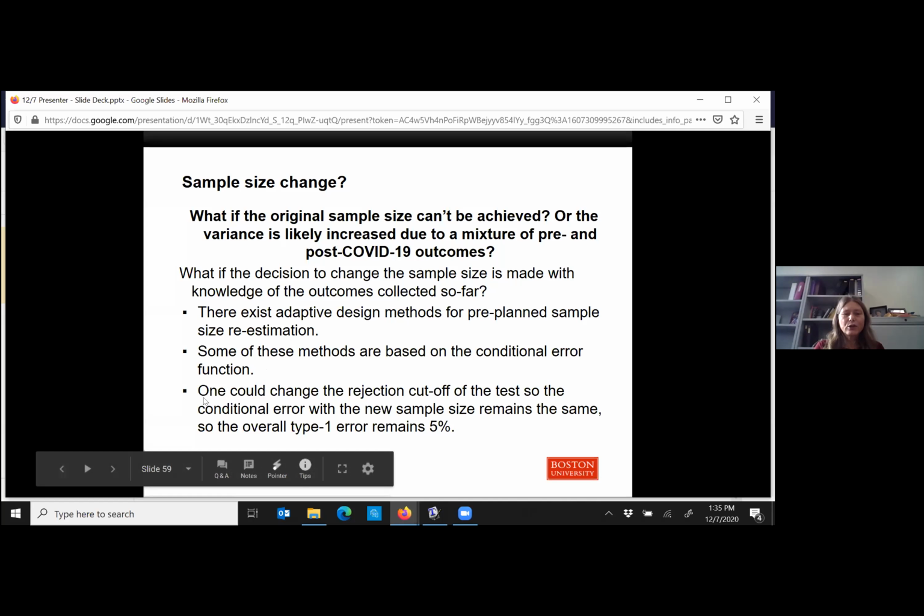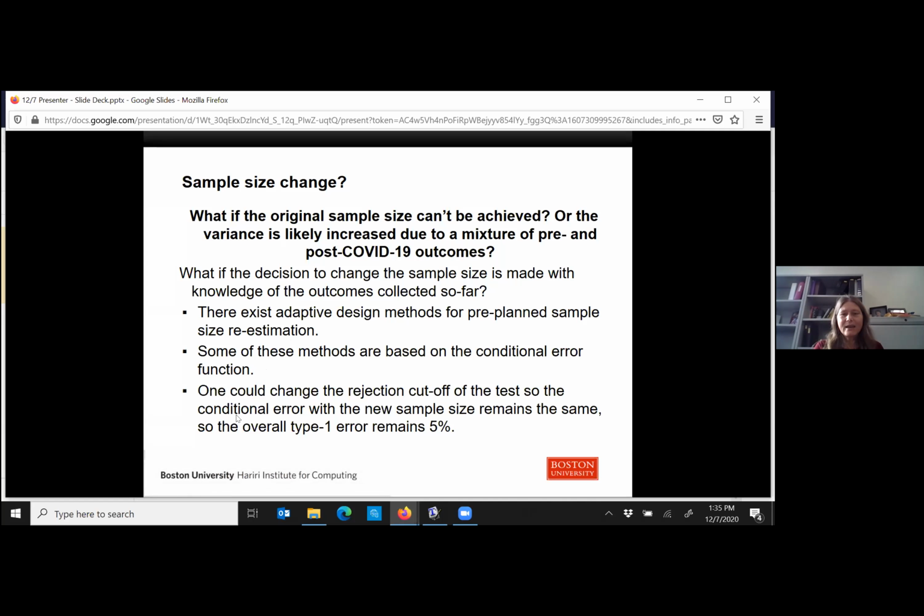How does this work? One could change the rejection cutoff of the test that people wanted to use so that the conditional error with a new sample size is the same as the conditional error with the sample size that was originally planned. And by conditional error, I mean the error conditional on the data that have been collected so far.